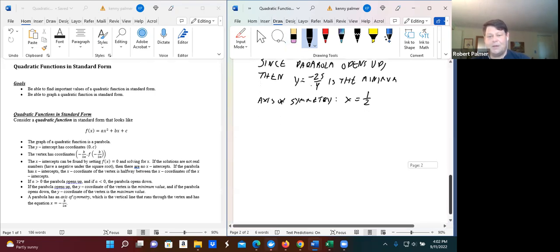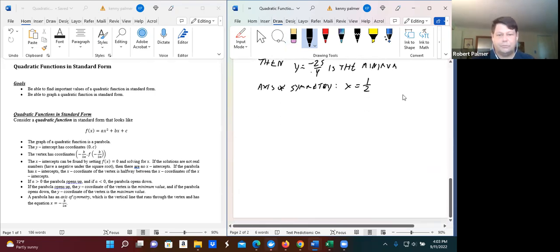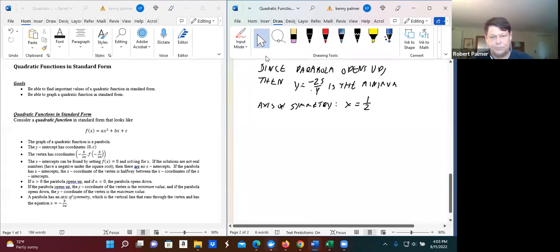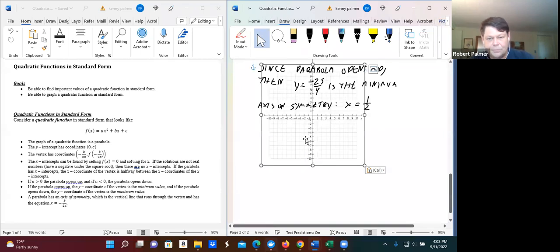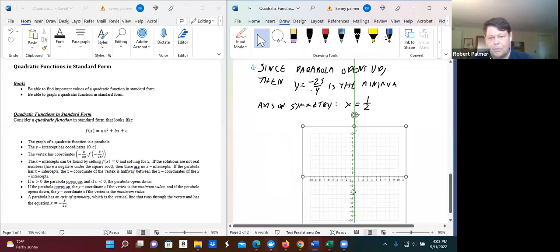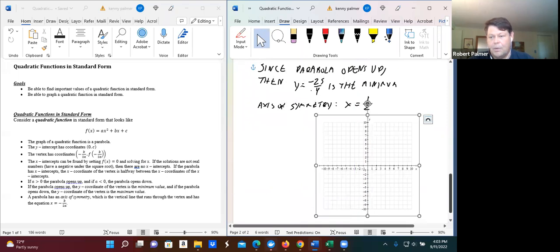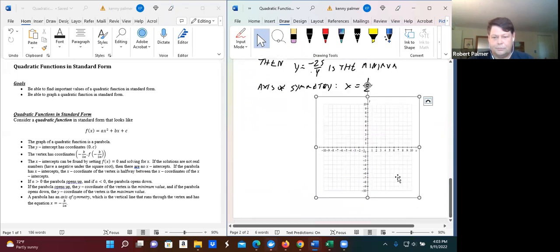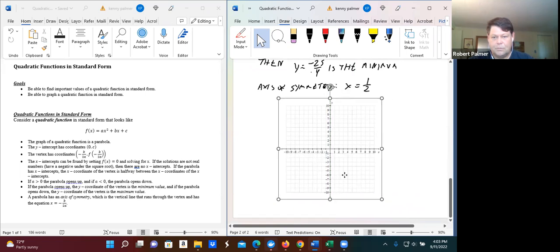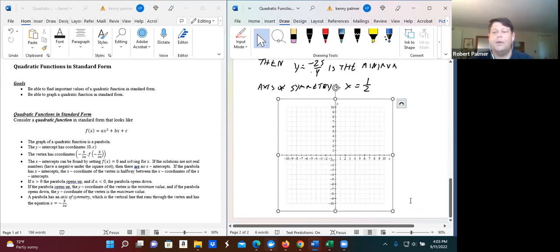Now, let's take all of this and graph it. And I'm going to enlarge this slightly so we can get a better view. There.